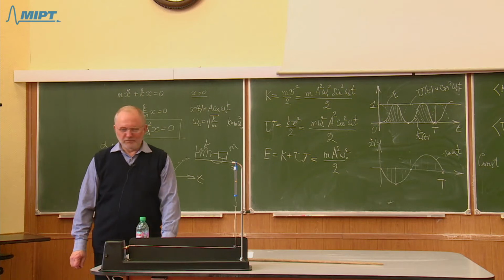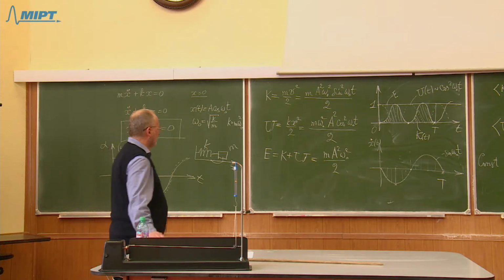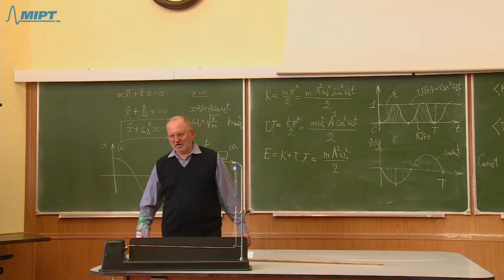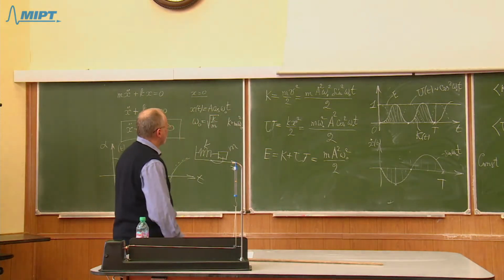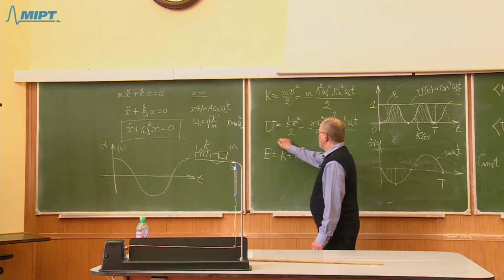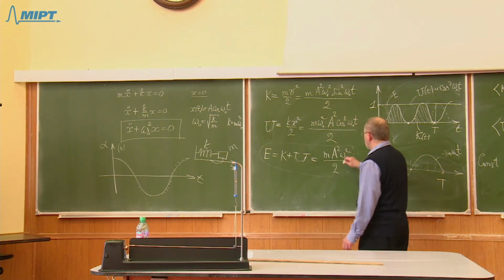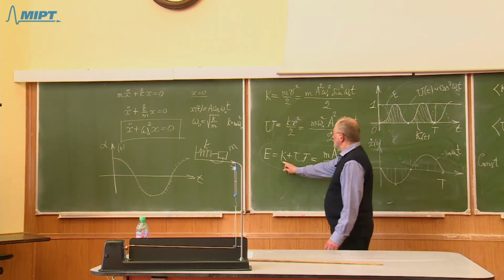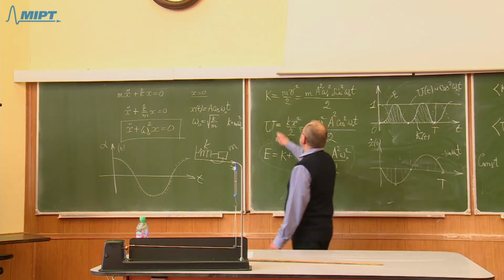Okay, we continue discussing the energy of vibrational motion. And I would like to consider this equation for the total energy, which is constant in time, it's conserved. And I would like to consider what is kinetic energy.